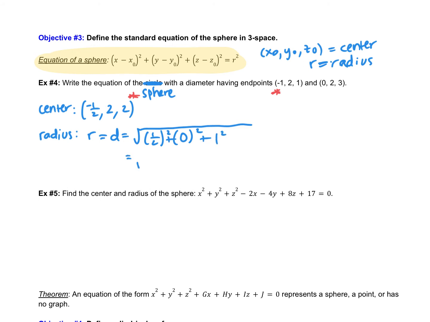So this gives me the square root of 1/4 plus 1. So my radius then is the square root of 5/4. So at this point, I'm ready to write my equation. I'm going to have x plus 1/2 quantity squared, y subtract 2 squared, z subtract 2 squared is equal to 5/4.